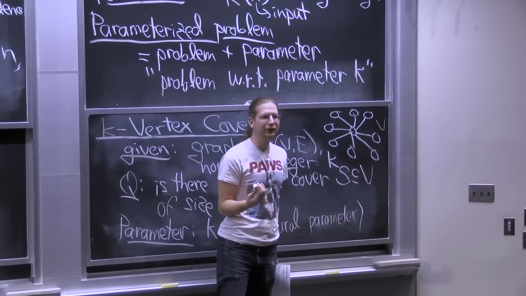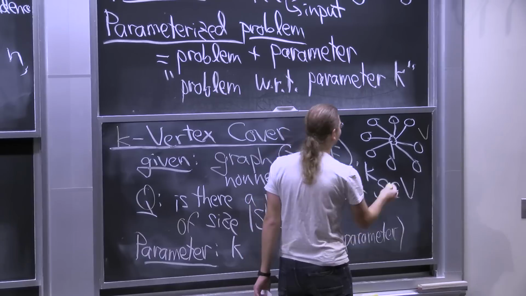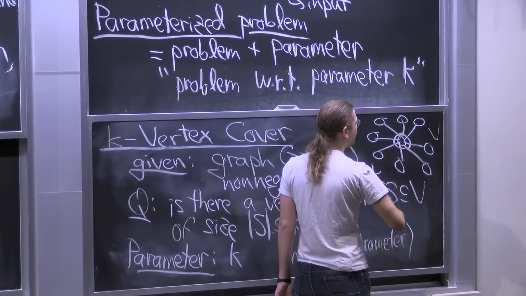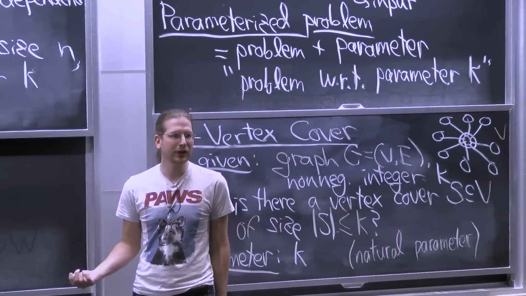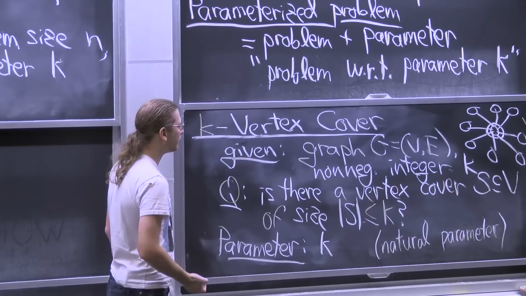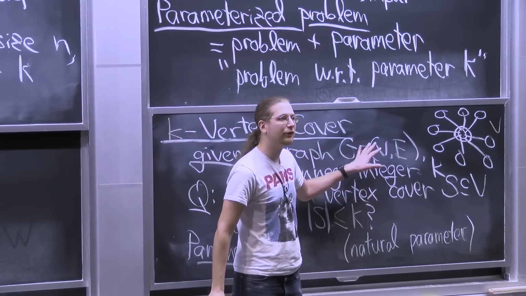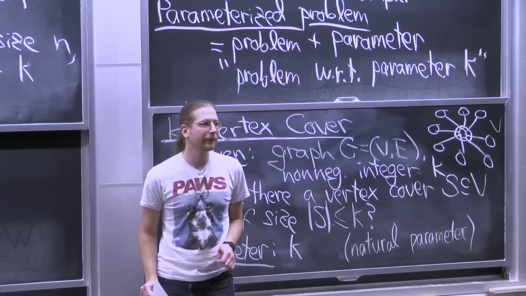But what's the smallest vertex cover? 1. Everyone's holding up one finger. You choose this guy in the center, that covers all the edges. So it can be that k is much smaller than v. And our goal here is that we're going to get some polynomial dependence in the size of the graph, but we're going to get an exponential dependence on k.